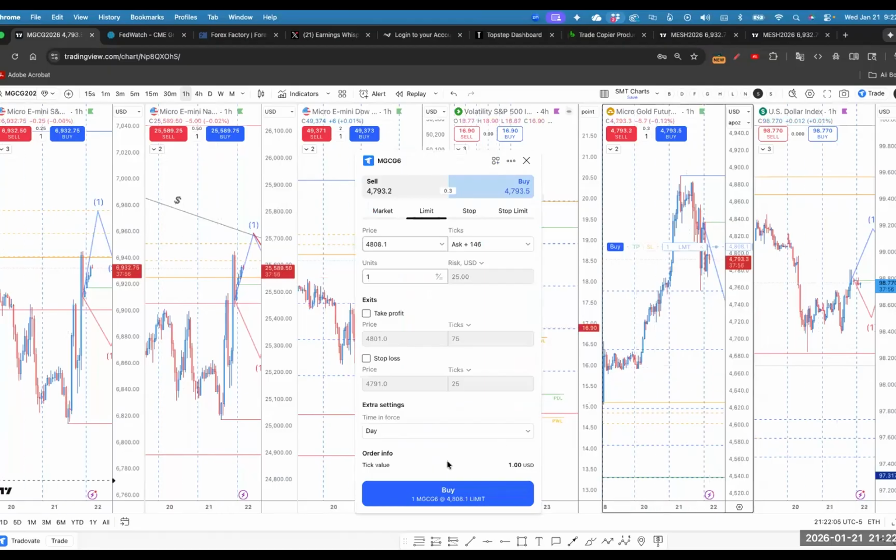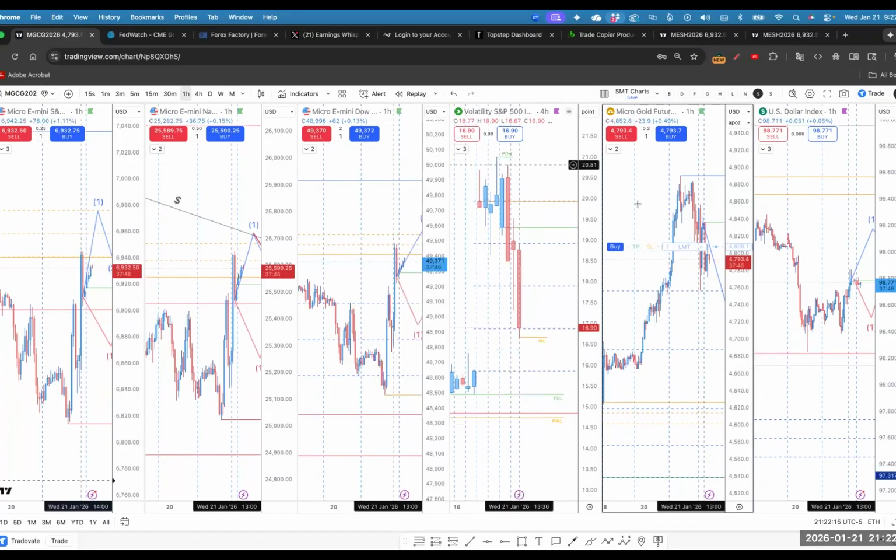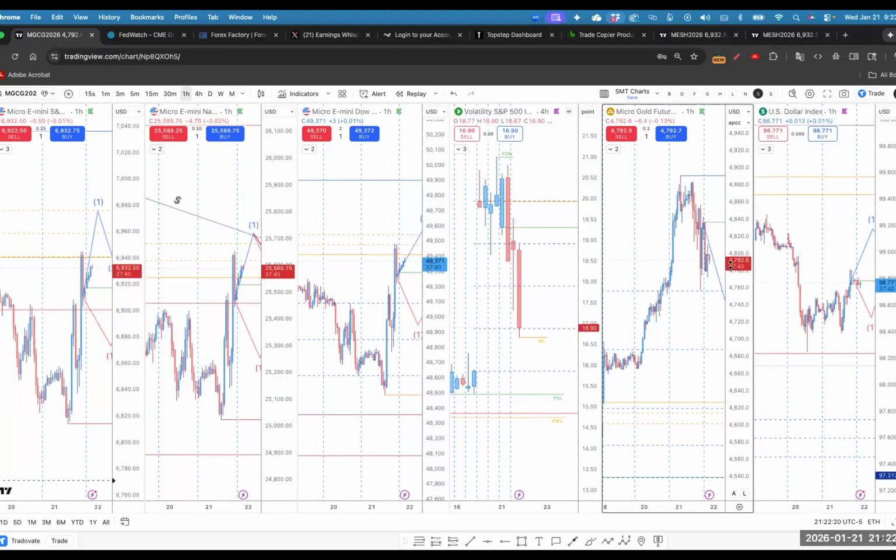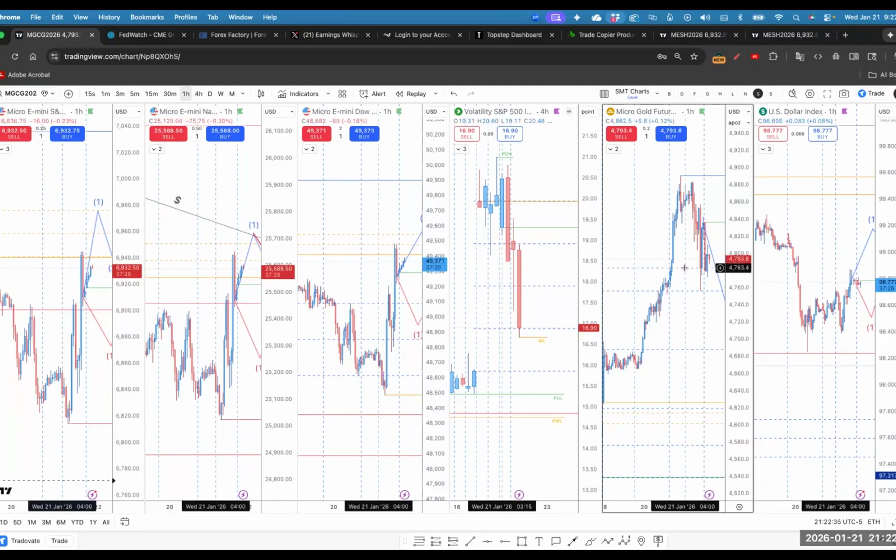On the micro, price right now on gold is sitting at 47.92.5. If it goes to 6, that's a dollar gain. Up and down, it's a dollar per tick. That's how you gain money on this. If we go to the mini, it would be $10 a tick. Make sense?